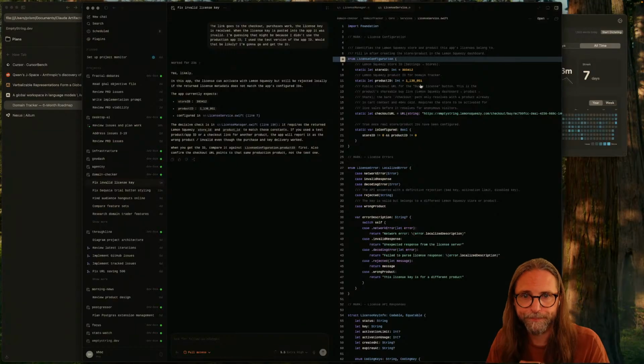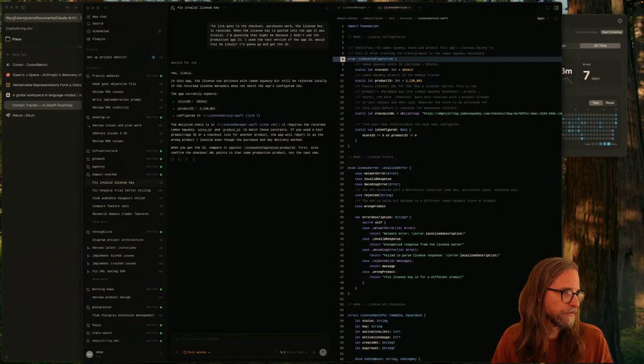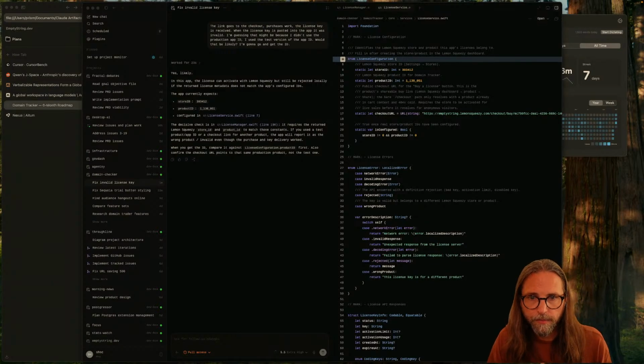Fine. I'm fairly sure these are not private, so I'm not too worried about you seeing them. Store ID and product ID. Where do I get the store ID from? You'd think that would be easy to find, but it isn't.